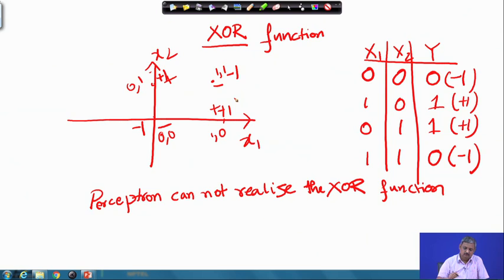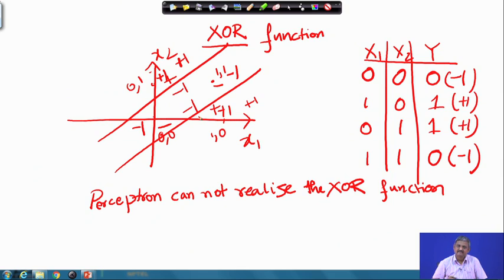Maybe I can separate them by one line like this and another line like this. Everything inside these two lines is minus, outside it is plus. The non-origin side of both lines is a plus point for XOR, and the origin side of both lines is a minus point for XOR. So if I can use two lines, I can realize it.